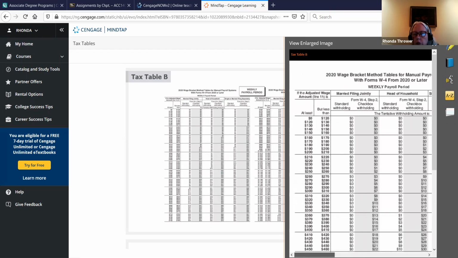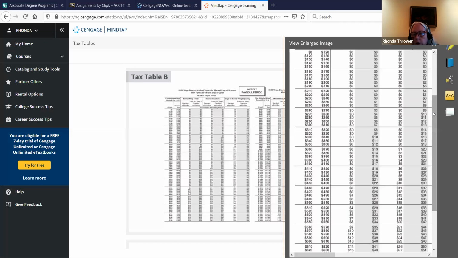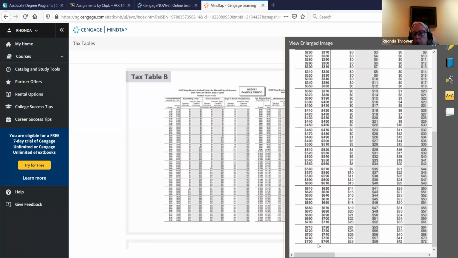But before we can do that, we've got to find out where our wages fit. It's got to be at least a certain amount, but less than another amount. So your salary has to fall in between these two. So for weekly salaries, if I scroll down to the bottom of this first column, it's not enough. In other words, our weekly salary was $1,040. This goes from $750 to $760.